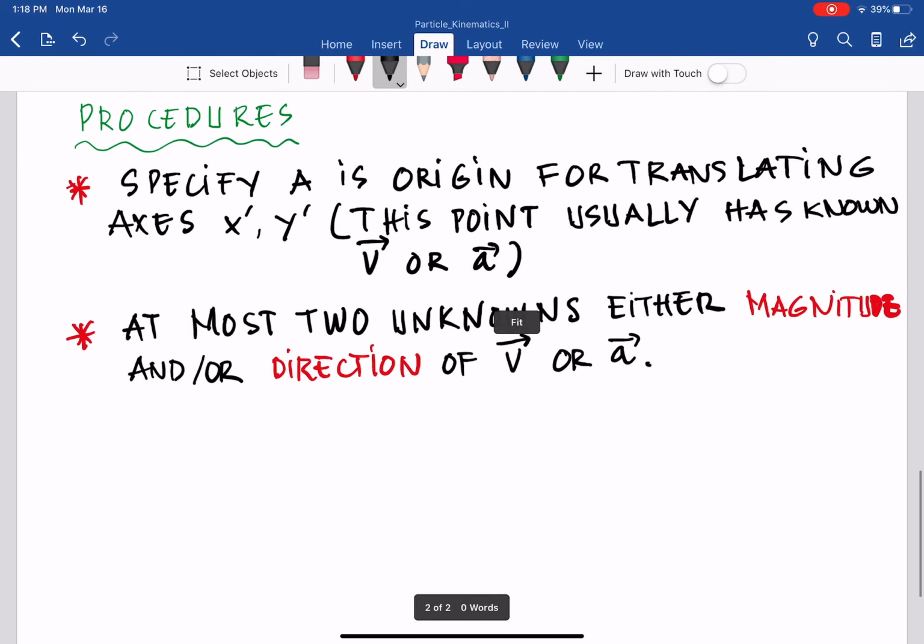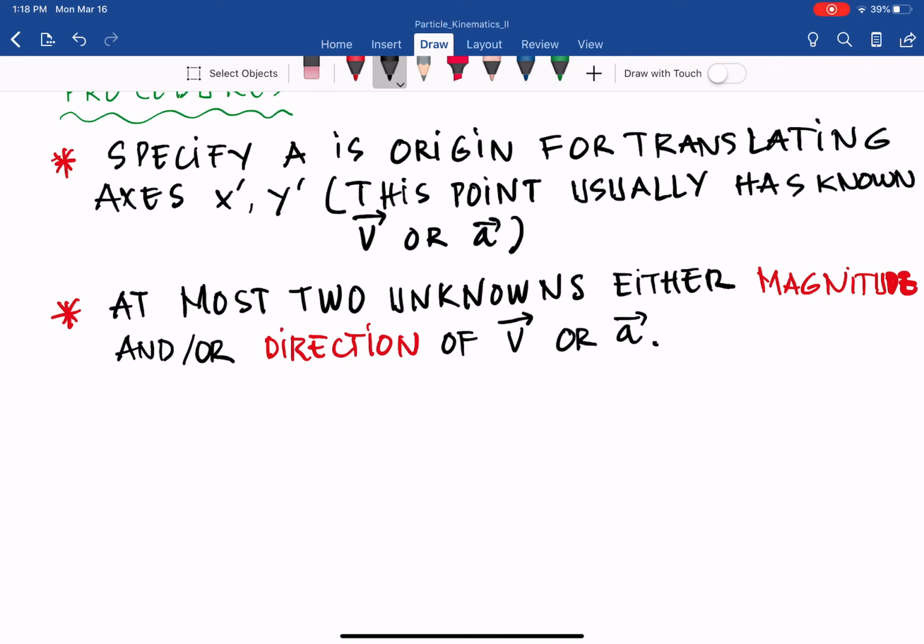So keep that in mind: at most 2 unknowns for one relative equation.